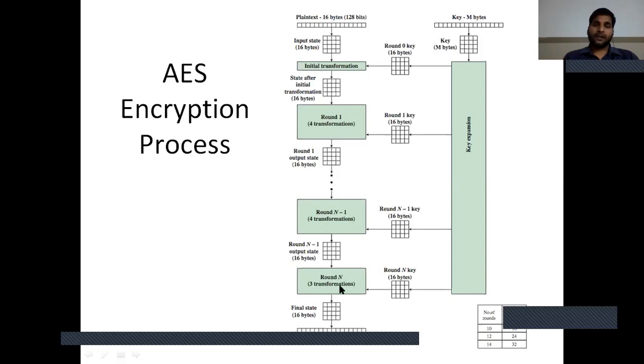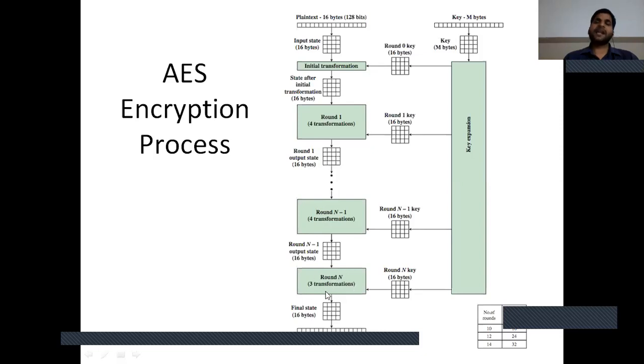The last round is slightly different from the above rounds: rounds 0 to n minus 1 perform 4 transformations, while the last round performs only 3.